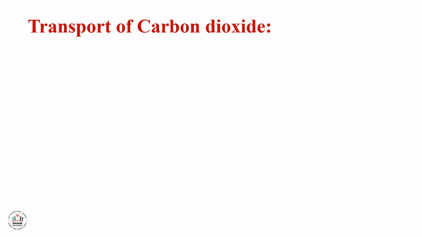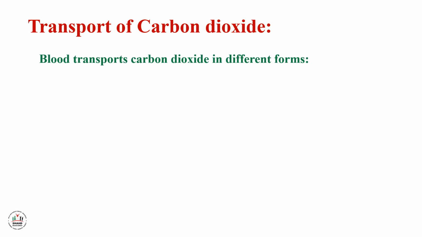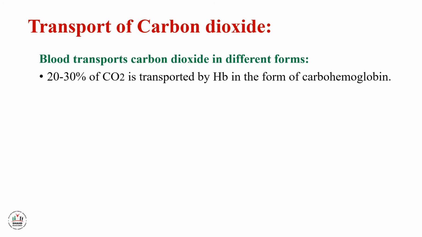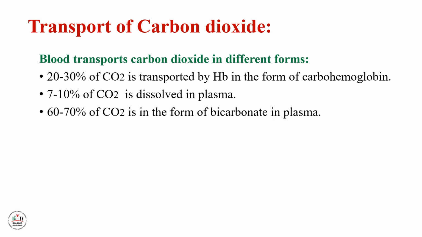Transport of carbon dioxide. Blood transports carbon dioxide in different forms. 20 to 30% of carbon dioxide is transported by hemoglobin in the form of carbohemoglobin. 7 to 10% of carbon dioxide is dissolved in plasma. 60 to 70% of carbon dioxide is in the form of bicarbonate in plasma.